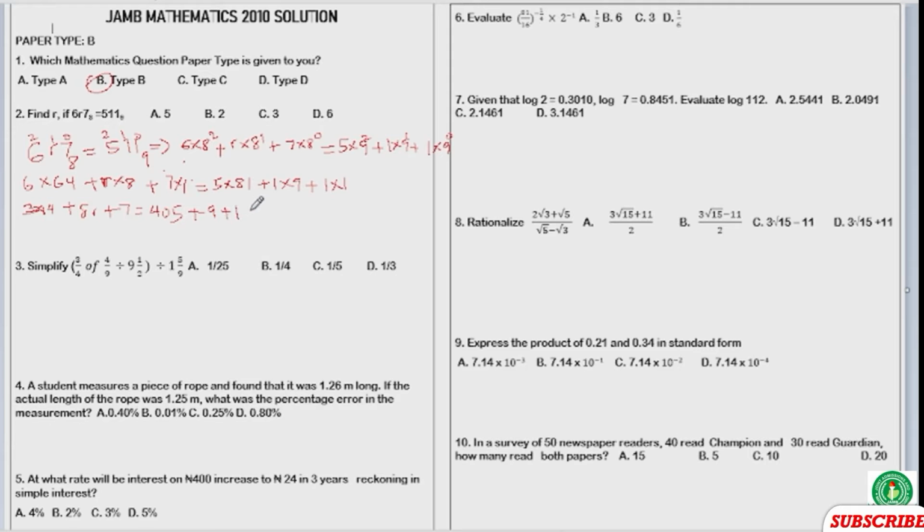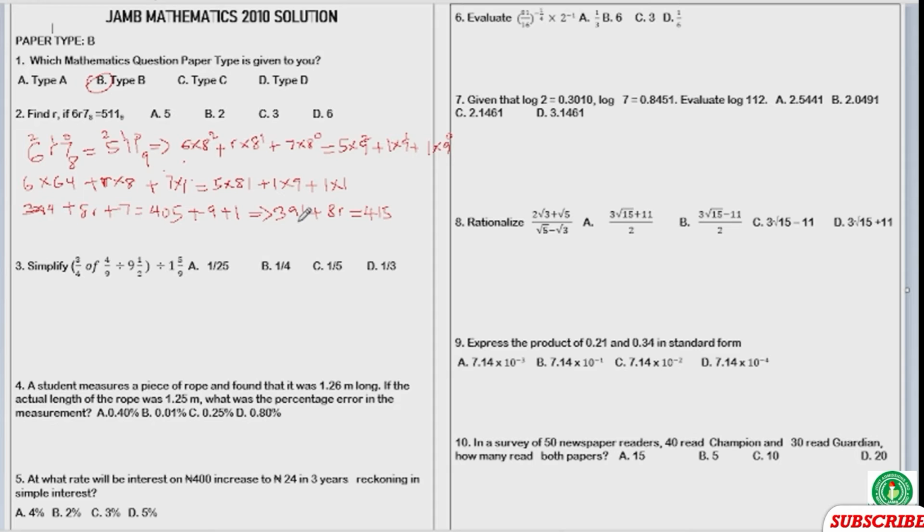For the left side, 384 plus 7 will give me 391 plus 8R, equal to 405 plus 10, because 9 plus 1 is 10, which gives you 415. So please follow my writing; we are still working on that.